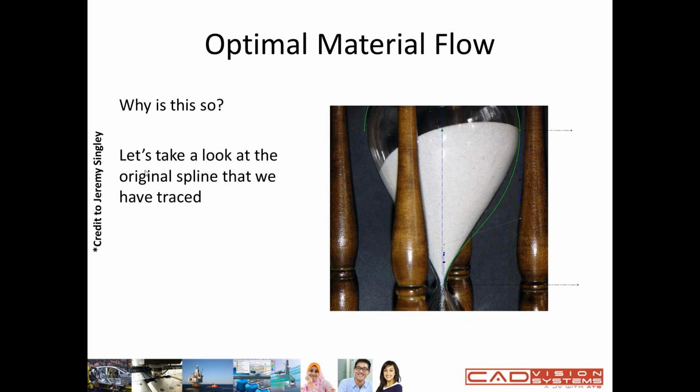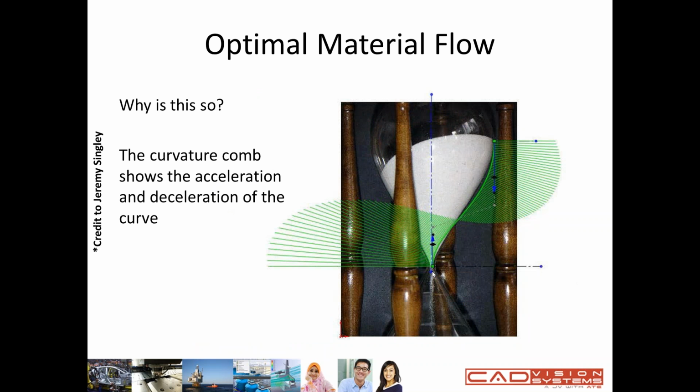If we take a look at the original spline that we have traced over the ordinary hourglass, this is what we have traced. And if we take a look at the curvature comb, you'll see that it will actually show the acceleration and the deceleration of the curve. At the starting right here, it is actually slow, and then it goes up.